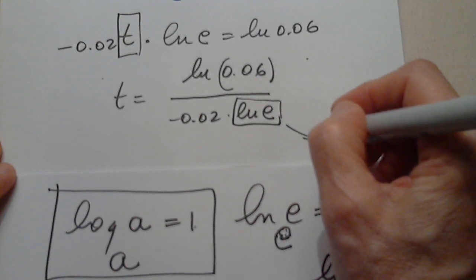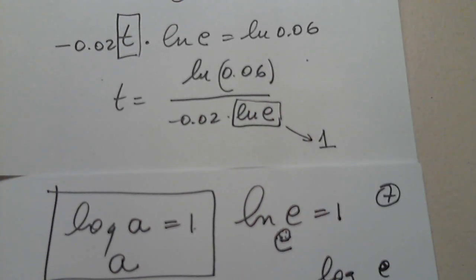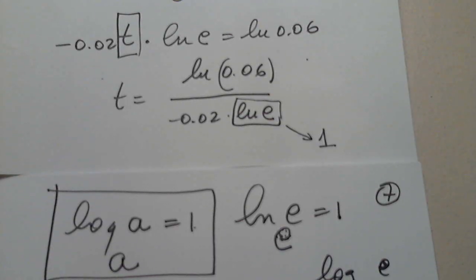There is no need to put it in the calculator. You can, it's no mistake. So I determine t, but I have to plug it in. And be very careful how you plug it in. Careful, careful, careful. So I have natural log of 0.06 in the numerator. I divide by, and you must put parentheses, depending on your calculator, to be on the safe side, negative 0.02.